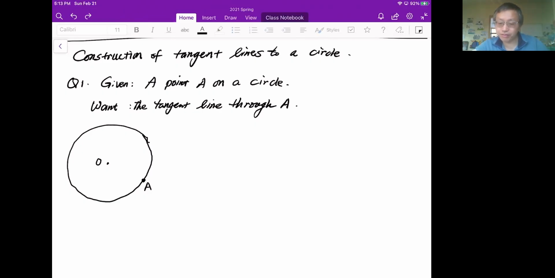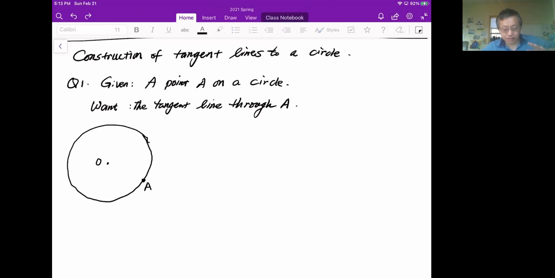So here's a comment from one of you. It says, I'm going to connect OA and make a perpendicular line that passes through A. That's excellent. Why does that work?